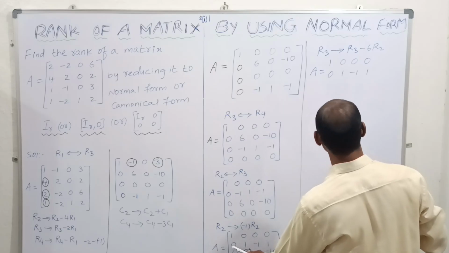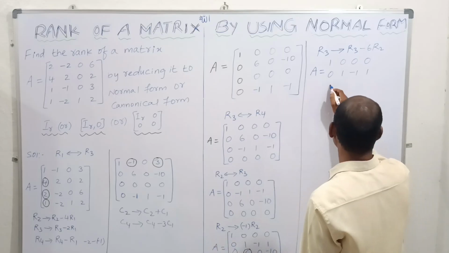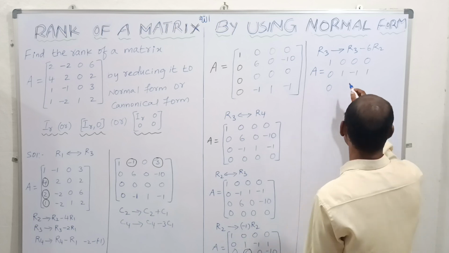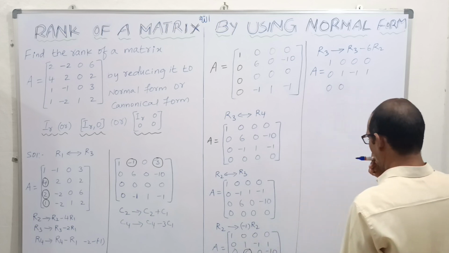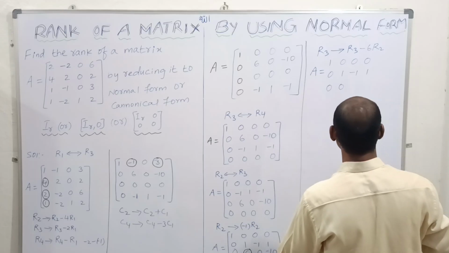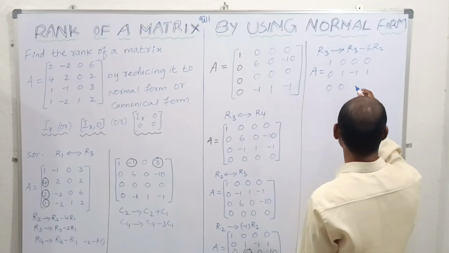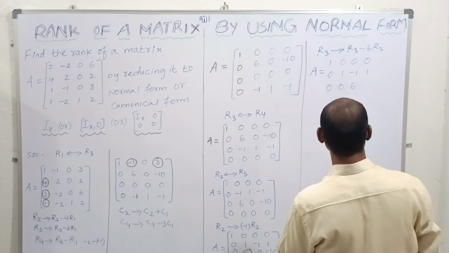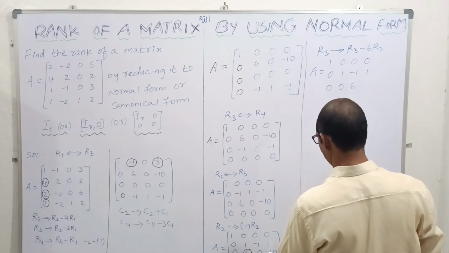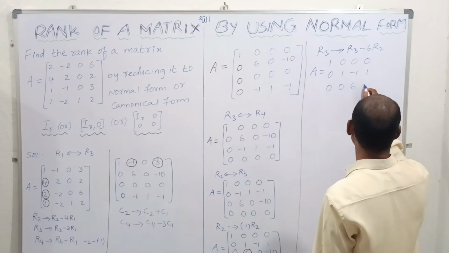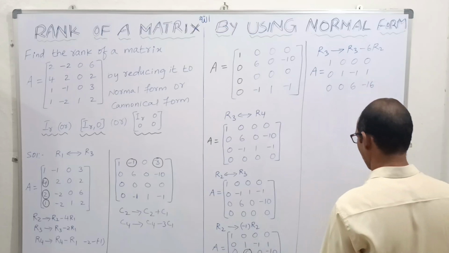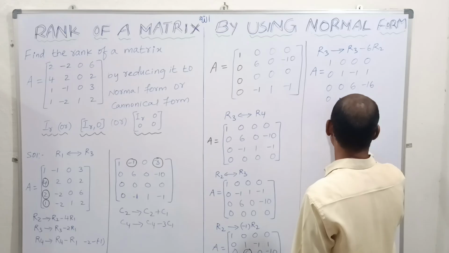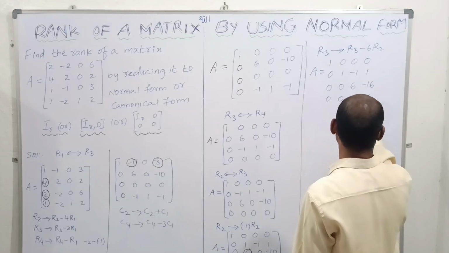That is 0 minus 0, it is 0. 6 minus 6 into 1, that is 6 minus 6, again 0. 0 minus of minus 6 into minus 1, that is plus 6. Minus 10 minus 6, that is minus 16. So last row is 0, no change.